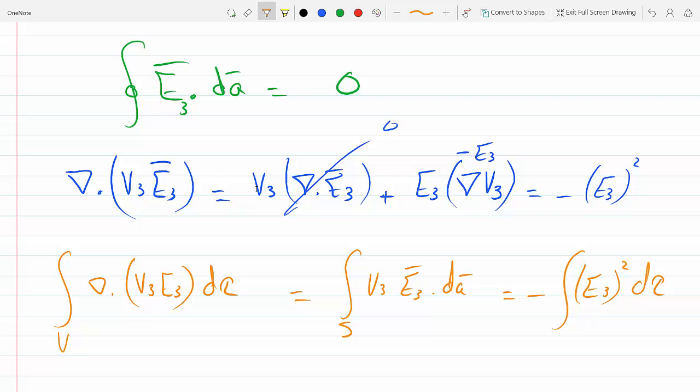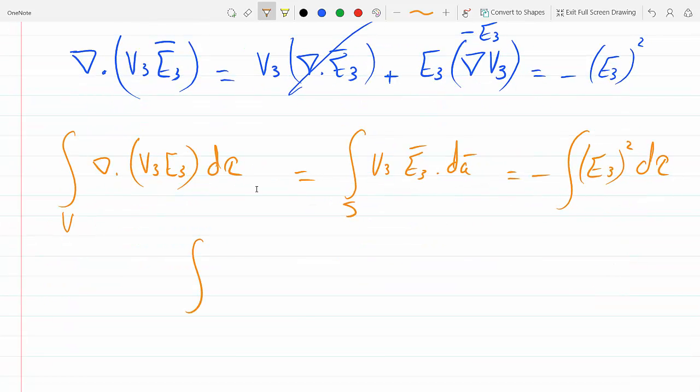So this is supposed to go to 0. So we have the integral of E3 squared d tau equals 0.